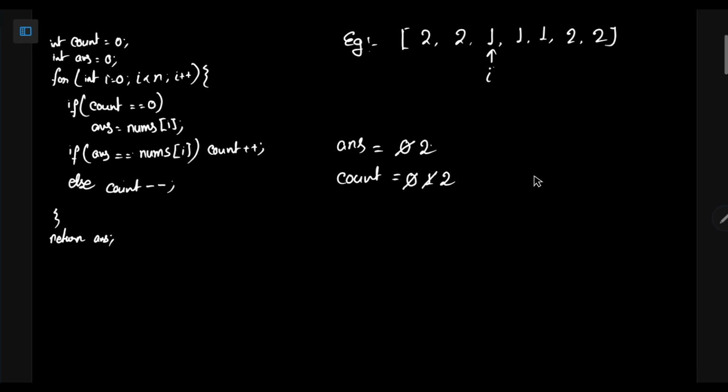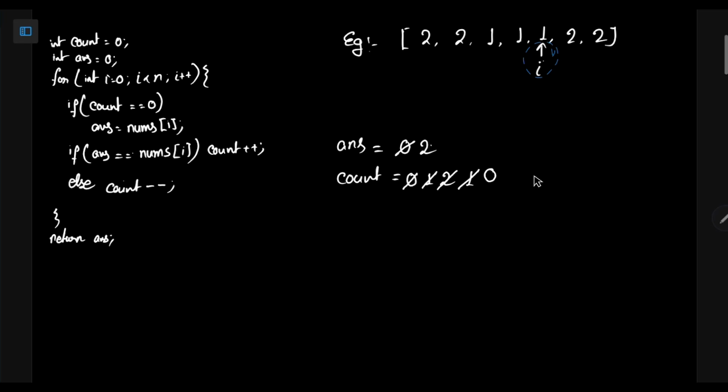Again check count 0, no, and next statement 2 is equal to nums of I, no, so count will be decremented. Again check, then I shifts, and it will check count 0, no, 2 is equal to nums of I, no, so count will be 0, and I shifts.